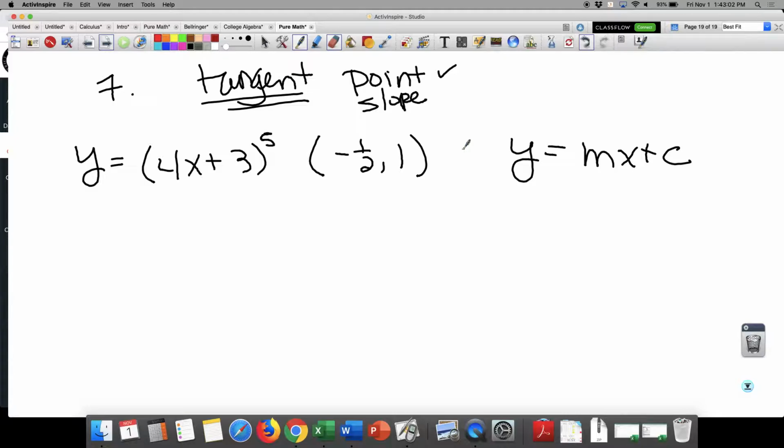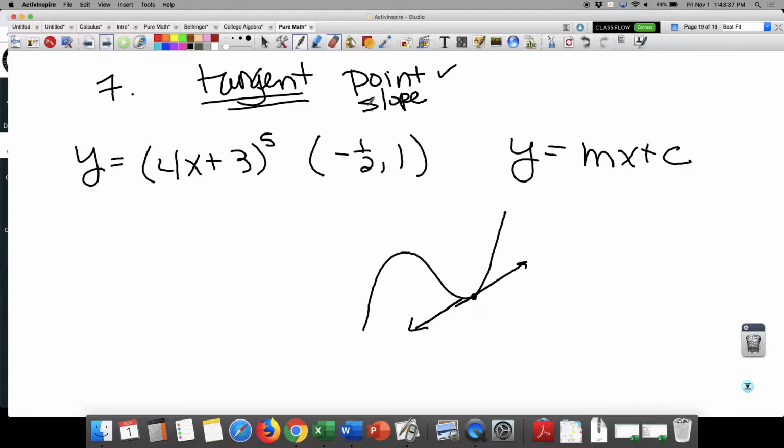Now, the slope, when I think of slope, I need to immediately translate that to derivative. Now, the derivative is the slope of the what? The slope of the tangent. So what happens here is you have some function and you want to know the slope at that point, negative 1/2, 1. So I want to know the slope of the tangent.